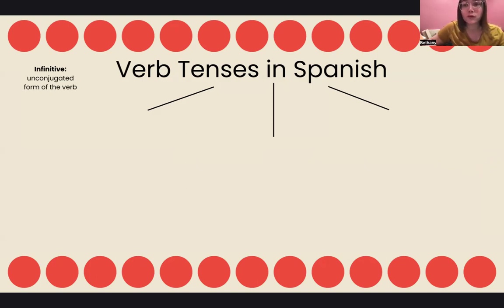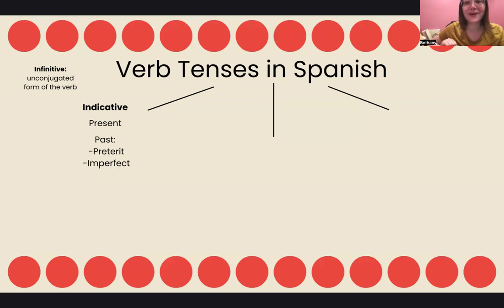But let's just do an overview of all the verb tenses in Spanish. The first group, because there are three different groups we're going to go through, is the indicative. That's just a fancy name for the different tenses for right now. First is the present tense, things happening now.